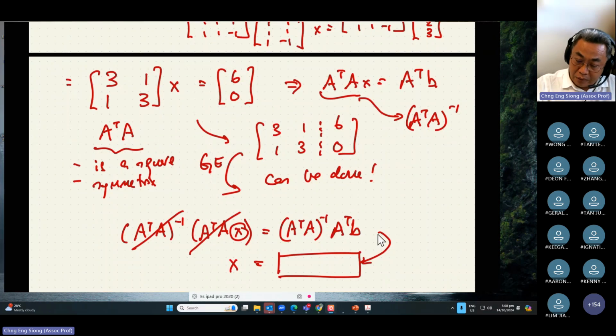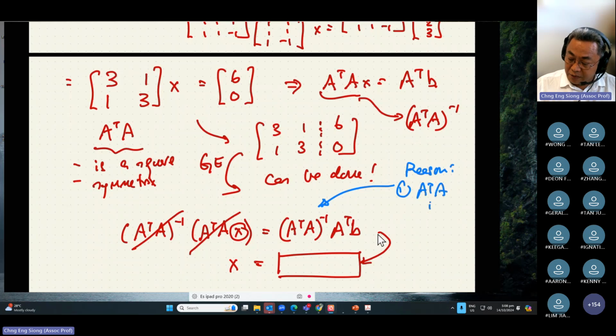And the reason we can do this is, first, A transpose A is invertible. But why is it invertible? Because the columns of A are independent.